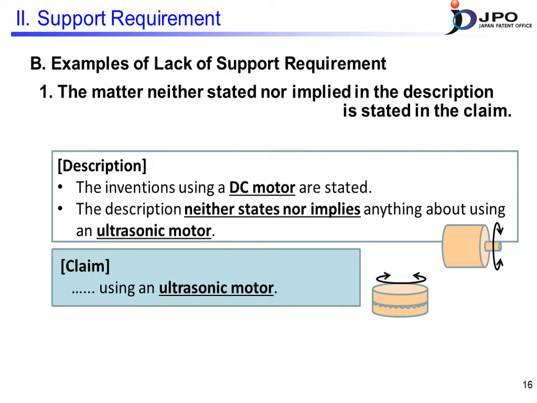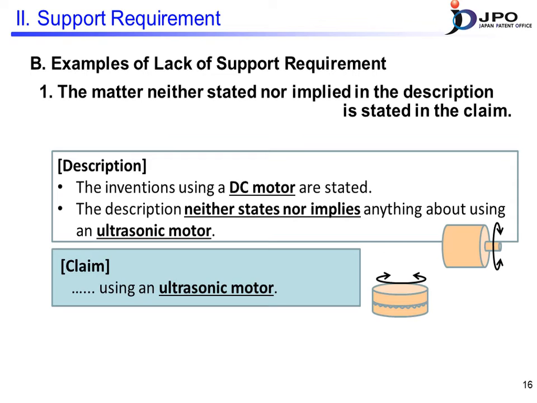In which cases should examiners judge that the claim is not supported? Let's look at 4 specific examples of violations against the support requirement. The first is a case where a matter that is not stated or implied in the description is stated in the claim.